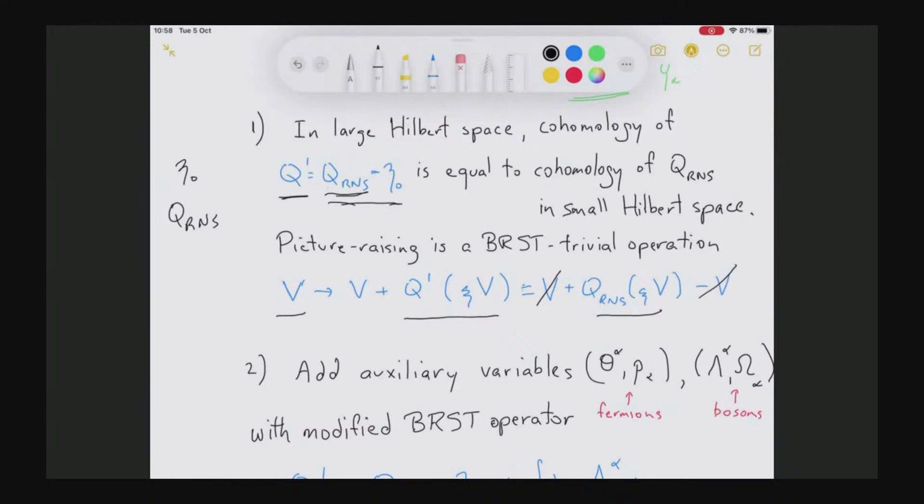So if we work in a large Hilbert space and modify the BRST operator to be the difference of these two, then the cohomology of Q prime is just the cohomology of states in a small Hilbert space, assuming the picture is finite again. Are there any questions about that step?